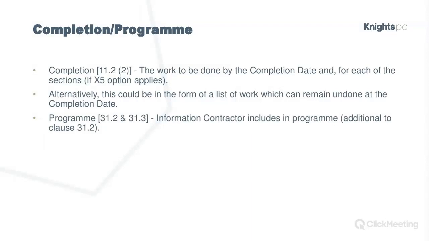Bear in mind that if the works information includes information that's required to be included in the programme, that also, clause 31.2 of the contract includes a whole shopping list of items that are to be included, and quite often the Z clauses add to that as well. So, again, unfortunately, you need to jump around this contract to see everything you need to include.